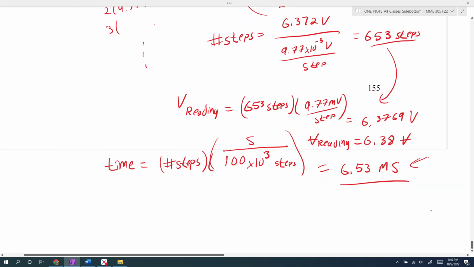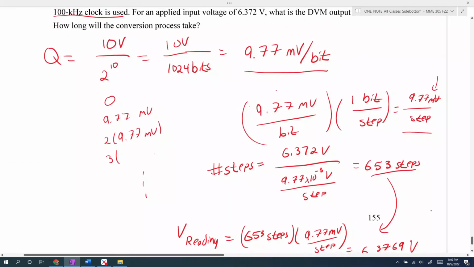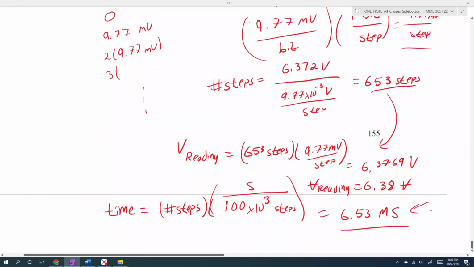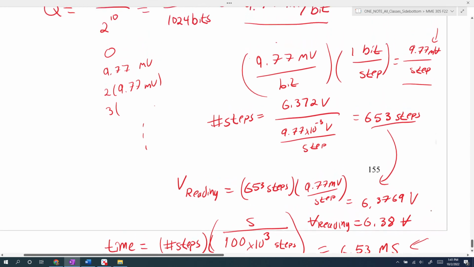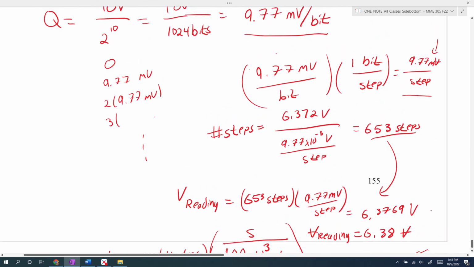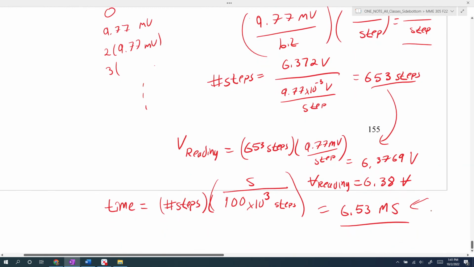So keep in mind, when you're looking at a data acquisition voltmeter or data acquisition device, what type of converter it uses. You can estimate how fast it can do its calculation and determine the voltage value that you're interested in.